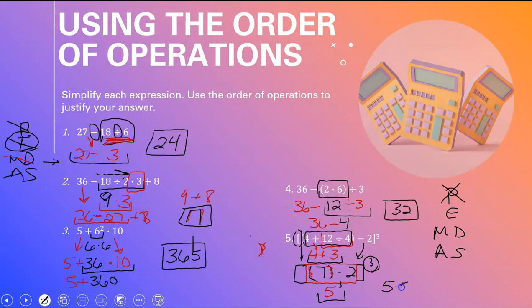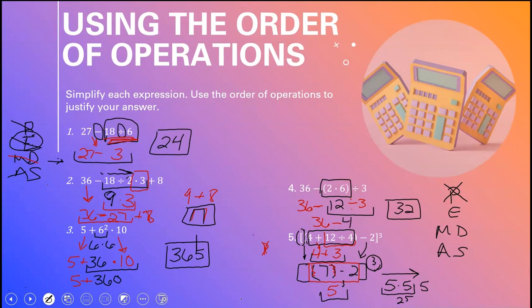In other words, there's 5 times 5 times 5. 3 5s all multiplied together. 5 times 5, 25. Notice how I'm doing it from left to right. This is a multiplication. And then we have 25 times 5, which is 125.